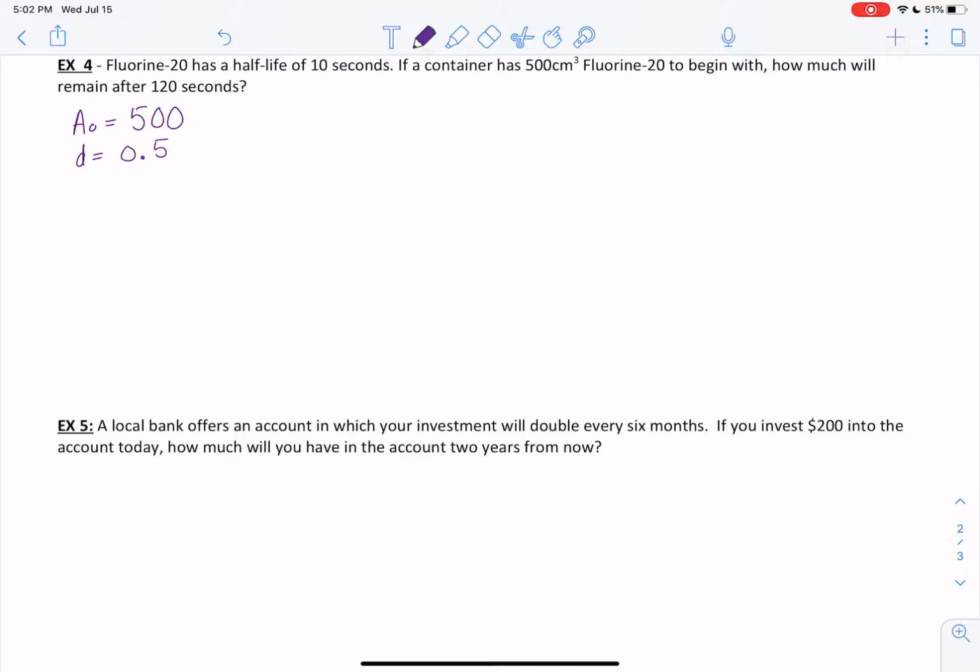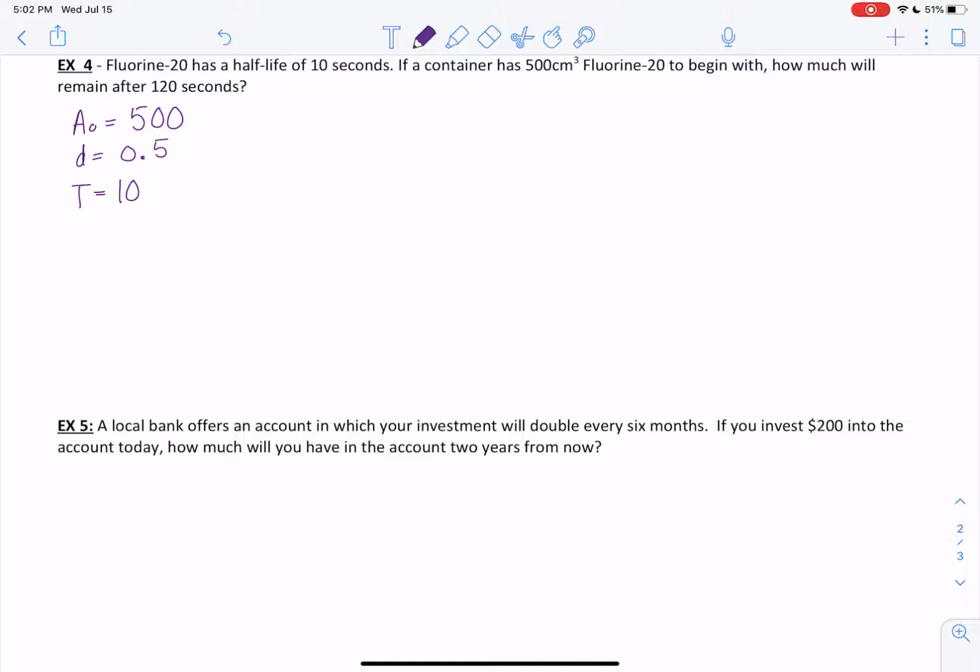And that will keep happening forever and ever until there's barely any left. And it will never reach zero because we're just getting smaller and smaller volumes, but every 10 seconds, my volume's going to cut in half. So my decay rate is going to be 0.5, and that happens every 10 seconds.